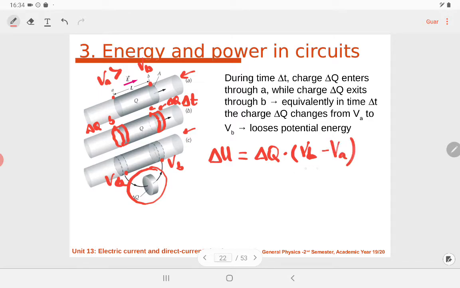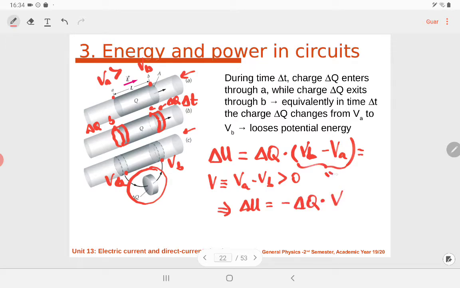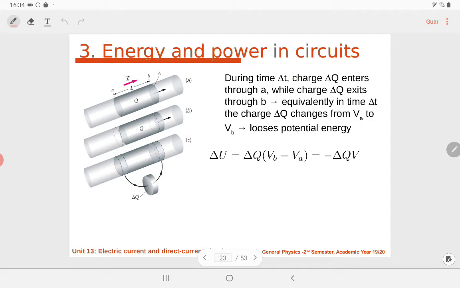Okay. So if we define V as the potential difference between A and B, because we know that A has greater potential than B, so V is the potential drop between A and B, then the change of energy in this system is equal to minus delta Q times V, because V sub B minus V sub A is equal to minus V. Okay, so this minus means that there's been a loss of energy, and this is quite clear from the drawing, because some delta Q passed from having a potential V sub A to potential V sub B. Here you have it in equations.